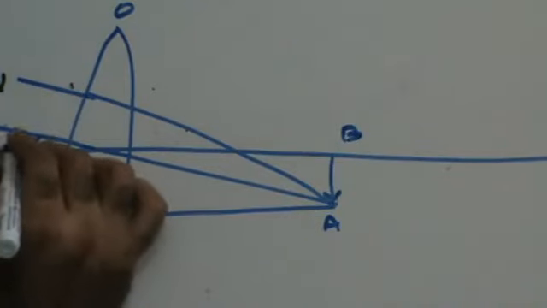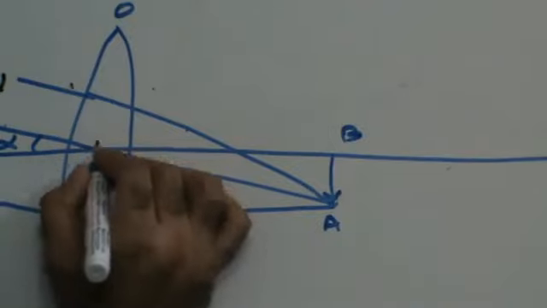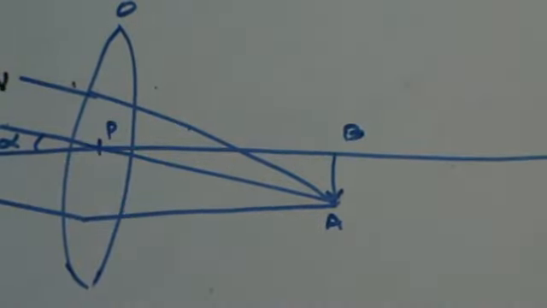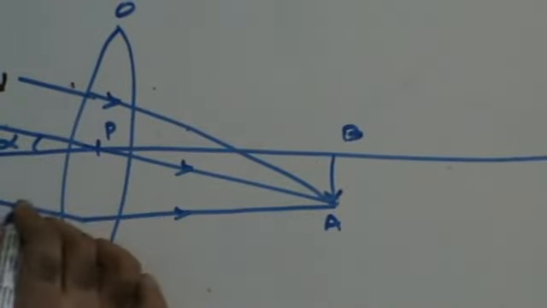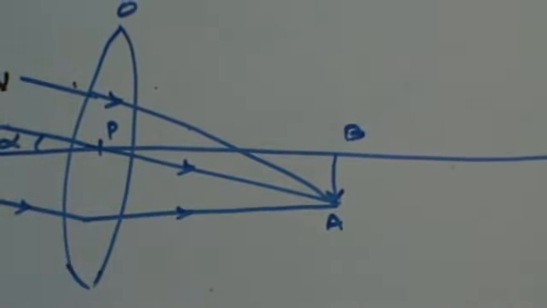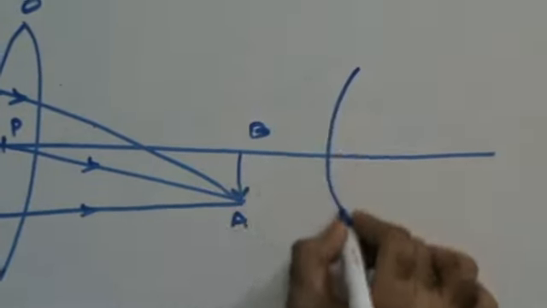Let's assume that the angle subtended by the object is alpha. This point is say P. Okay, so this is how the rays of light have traveled so far. Now you will have the eyepiece situated here.